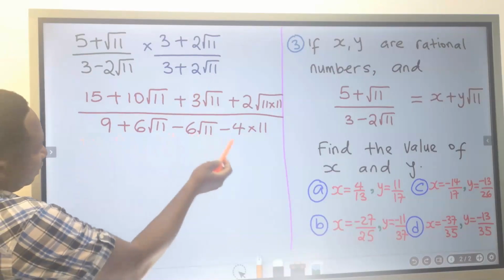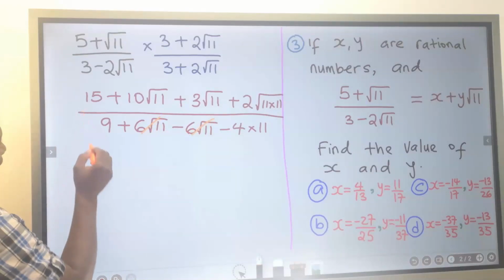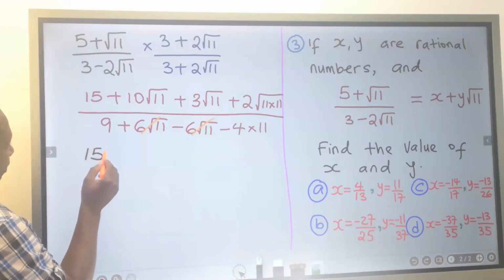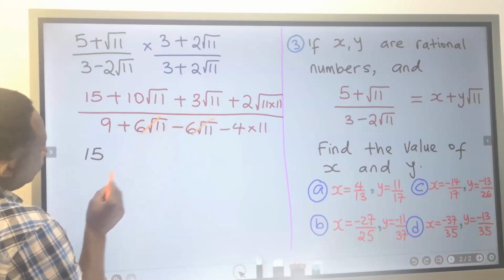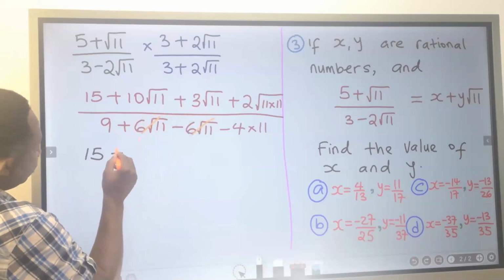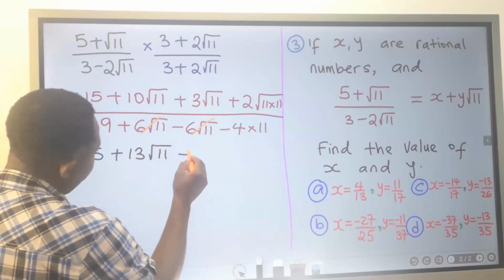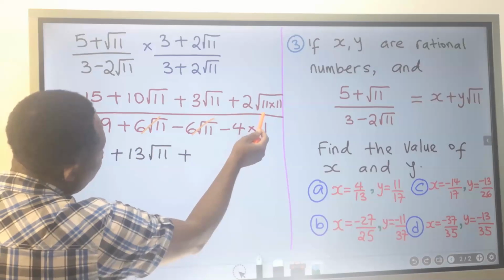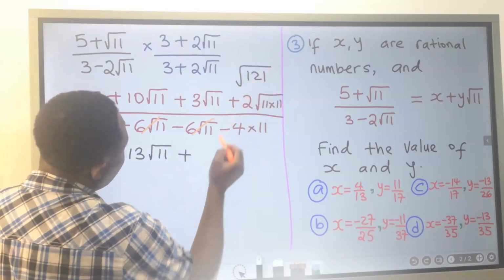Next, at the denominator, the plus 6 root 11 will cancel the minus 6 root 11. Here we have 15, this is 10 root 11, and this is 3 root 11. Together, we're going to have 13 root 11 plus 2. This is 11 times 11 inside the square root.